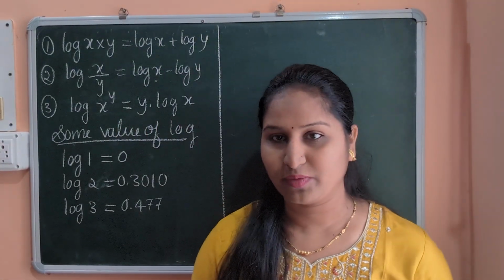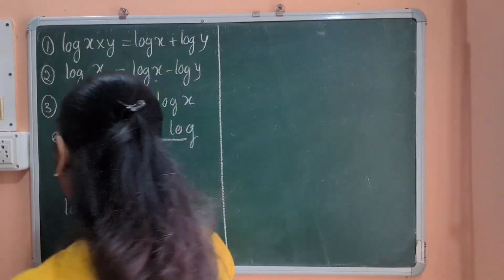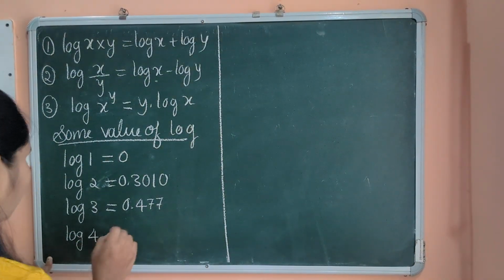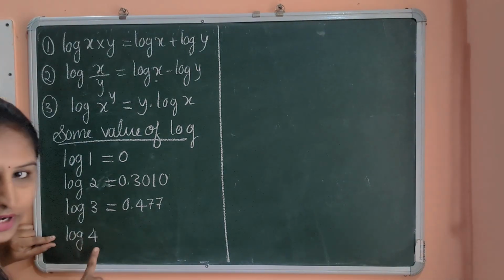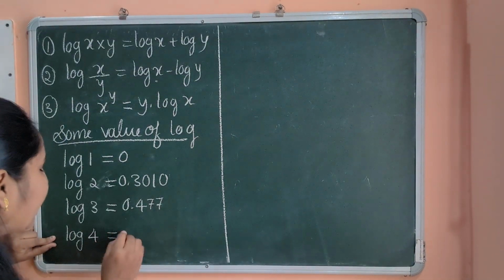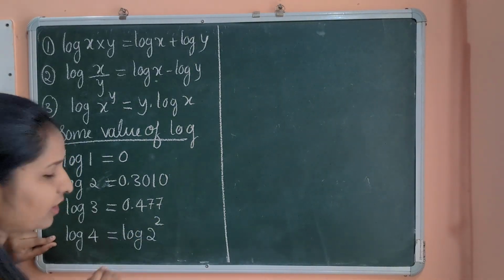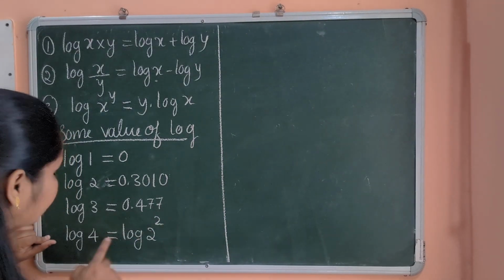Now we have to calculate log 4. How are we going to do that? It is very simple. No need to learn it by heart now. Log 4 can be written as log 2 squared, because 2 squared is nothing but 4.